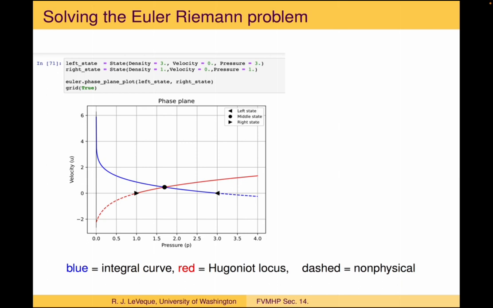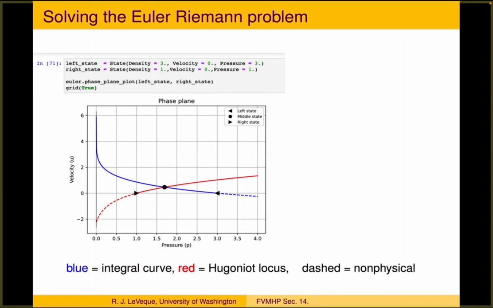So what's being used here is that, first of all, the left state is this symbol with sort of a left pointing arrow. The right state is the one with the right pointing arrow. And the middle state that comes out of the Riemann solution is the dot. And in these plots, blue corresponds to integral curves and red corresponds to Hugoniot loci.